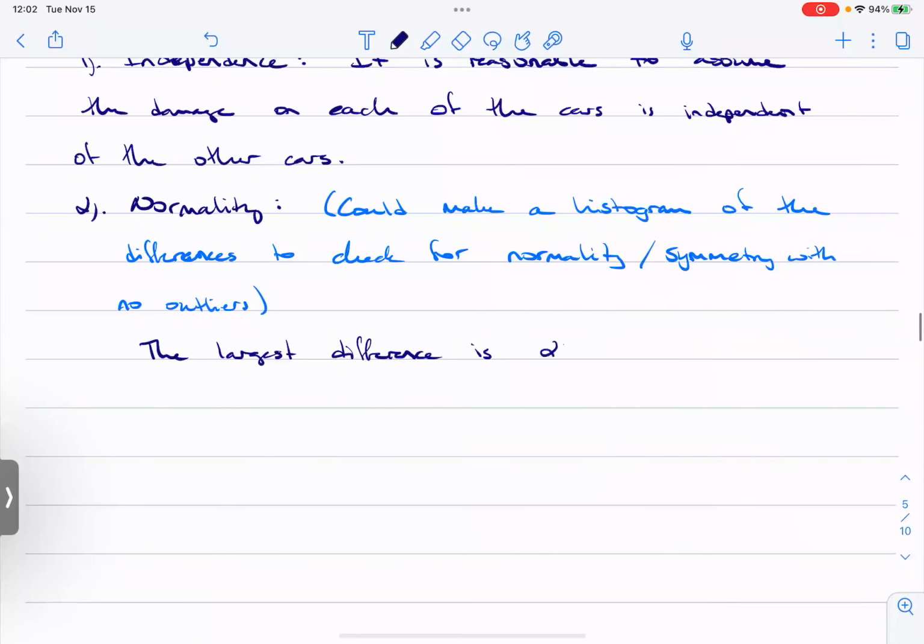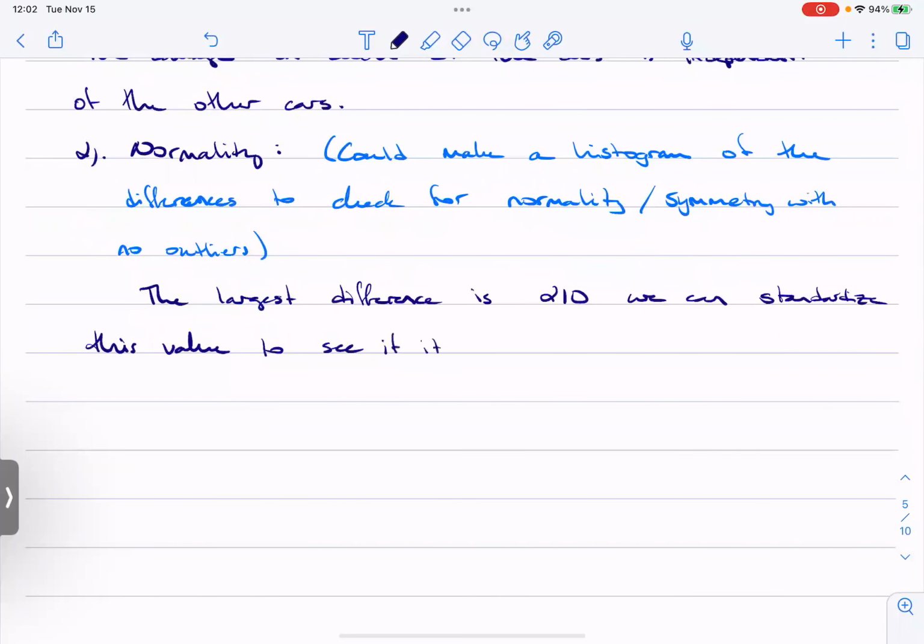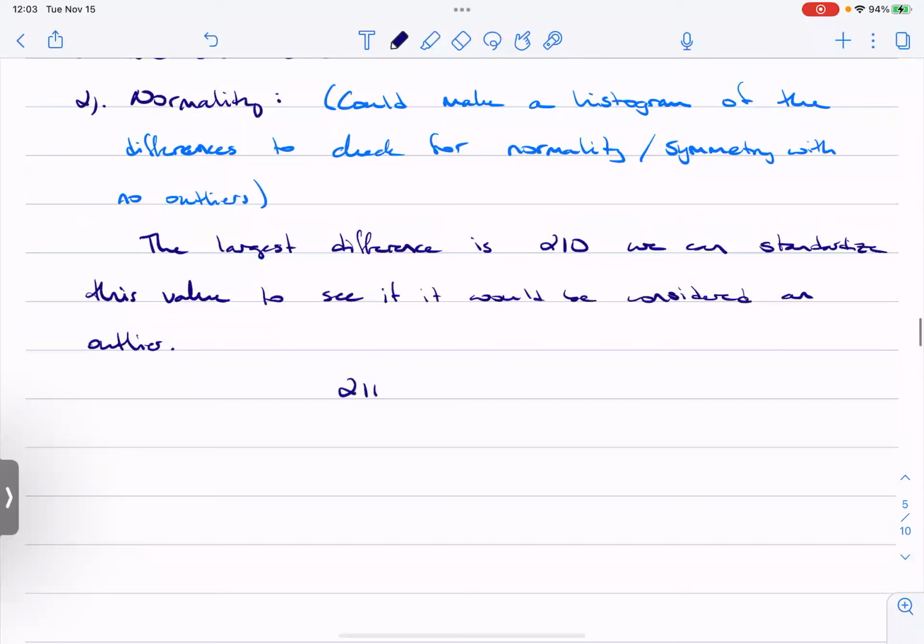So the largest difference is 210. We can standardize this value to see if it would be considered an outlier. 210 minus 80, how far is it from the mean, taking into account the standard deviation?